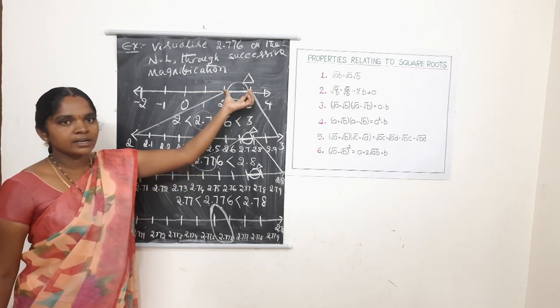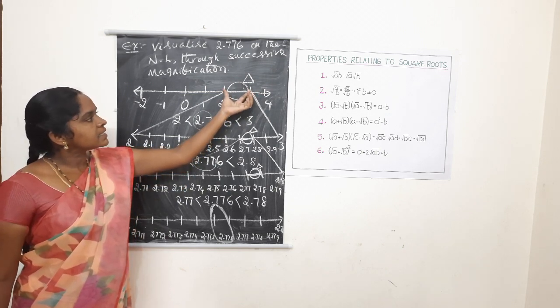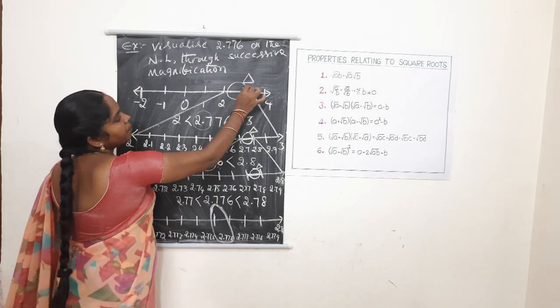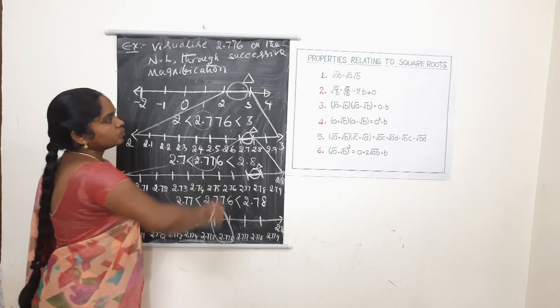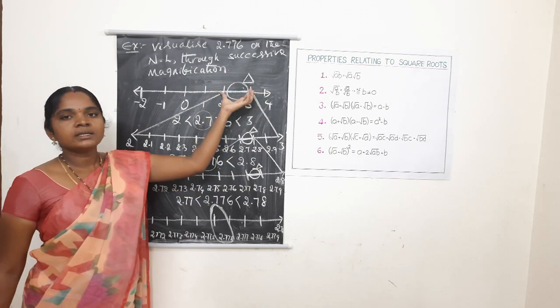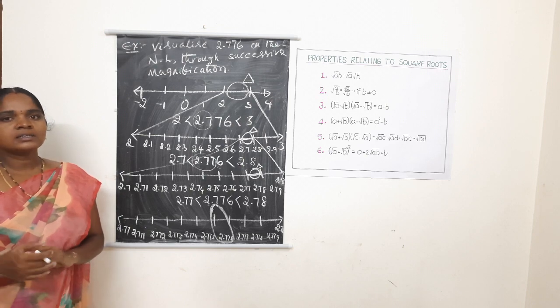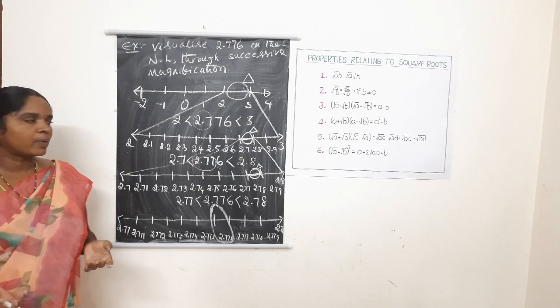This is the smaller portion, and let us draw a magnifying mirror. This smaller portion we need to expand and divide into 10 equal parts.